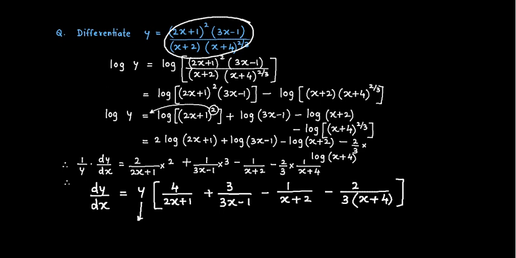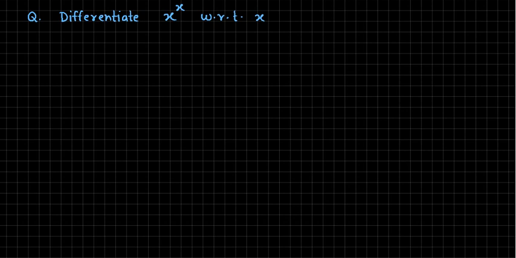Let's see one more question. Differentiate x raised to x with respect to x. Now this is the type of one function raised to another function, that is x raised to x. So let's start by calling the given function y.